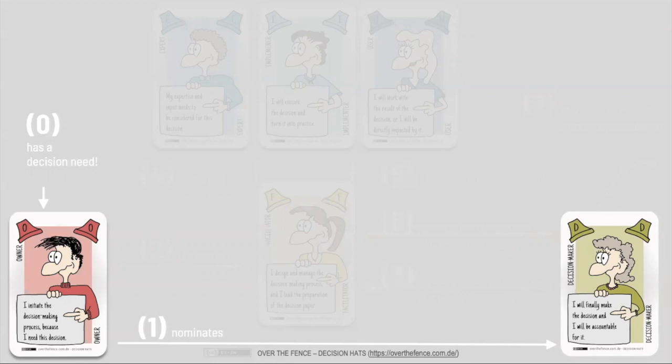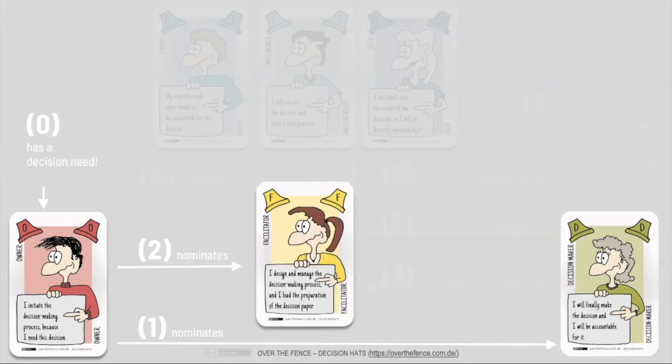Secondly, the owners nominate the holders of the facilitator hat. These are people who design and manage the decision process and lead the preparation of the decision paper. Again, this could be done by the persons who already possess the owner hat and/or by other persons.